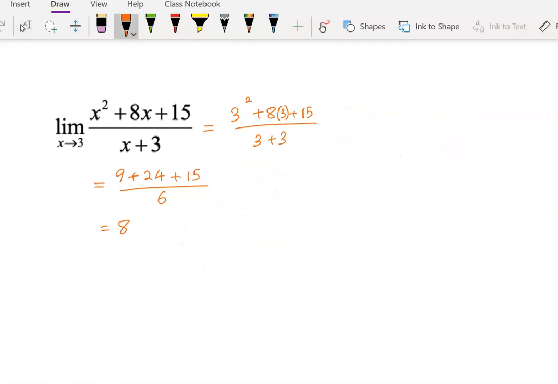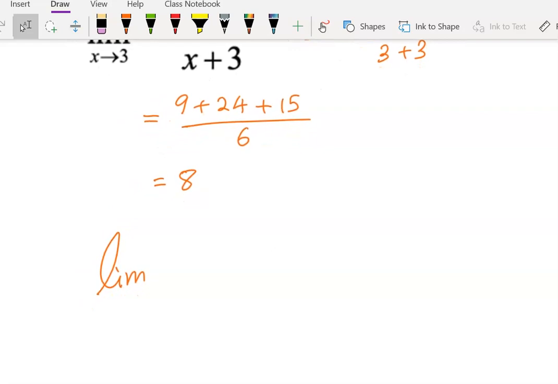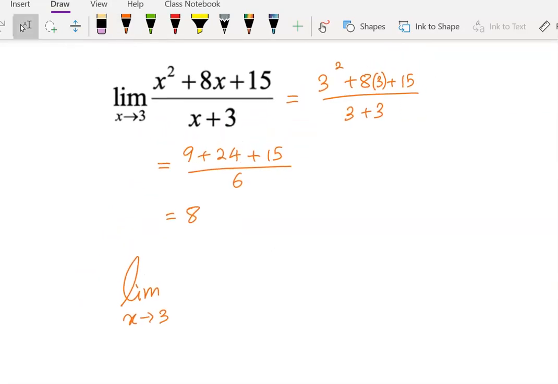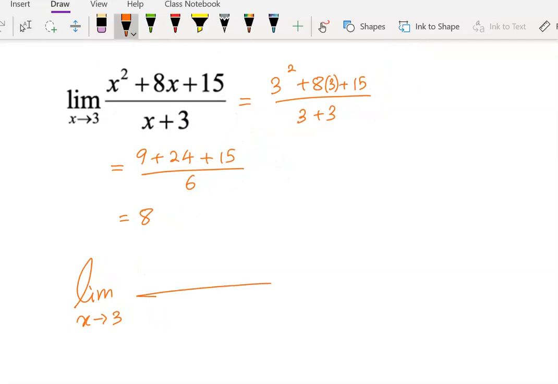I'm going to tweak this question. Limit when x goes to 3. I can say x minus 3 as the denominator, and numerator, let me do this. Would this work, you think? Let's have a look. Well, if you sub the 3 instead of x now, what would you get on the top?